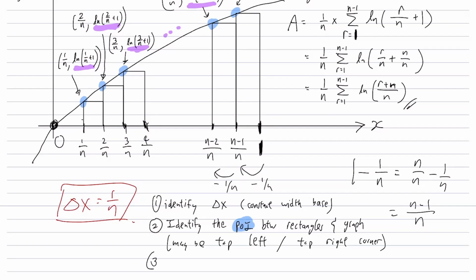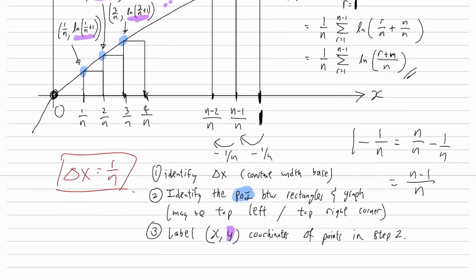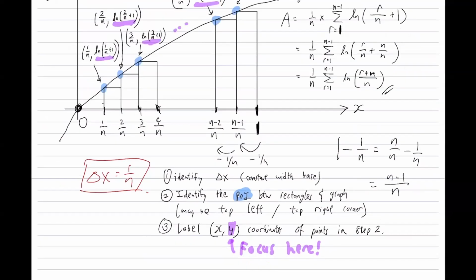Number 3 will be label x, y coordinates of the points in step 2. Focus should be on the y coordinate. Focus here. Then after that, use formula.